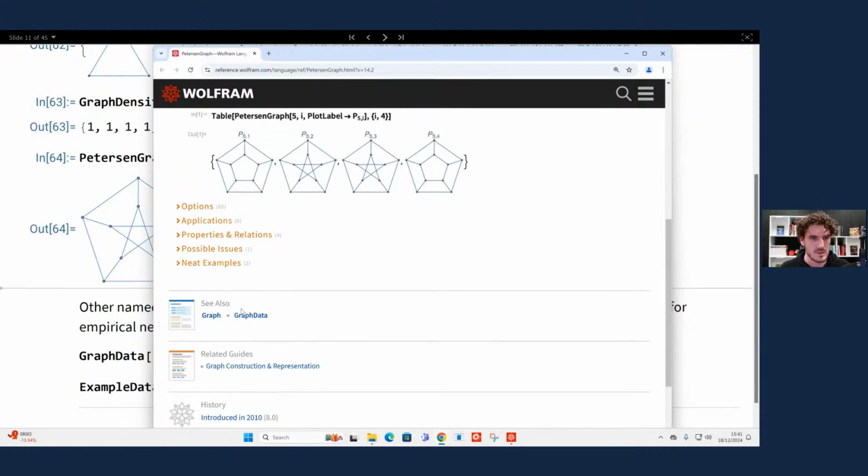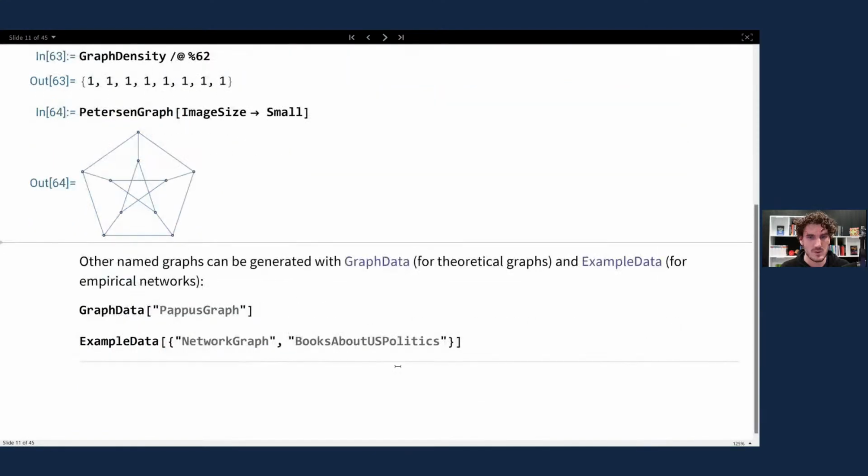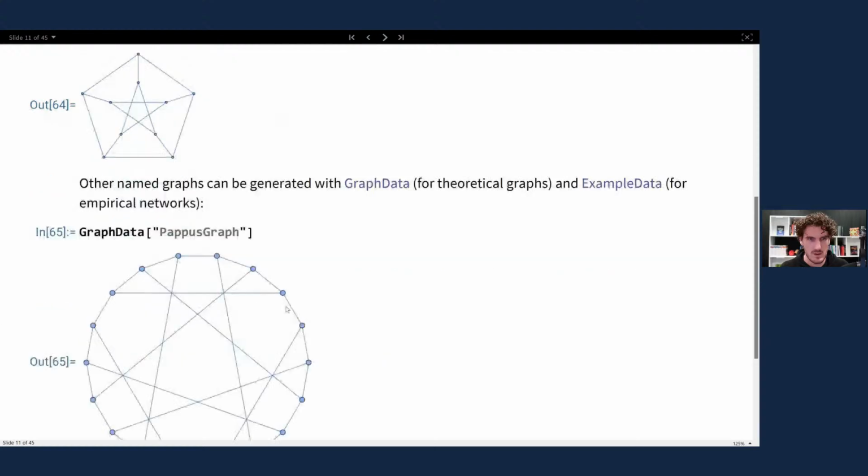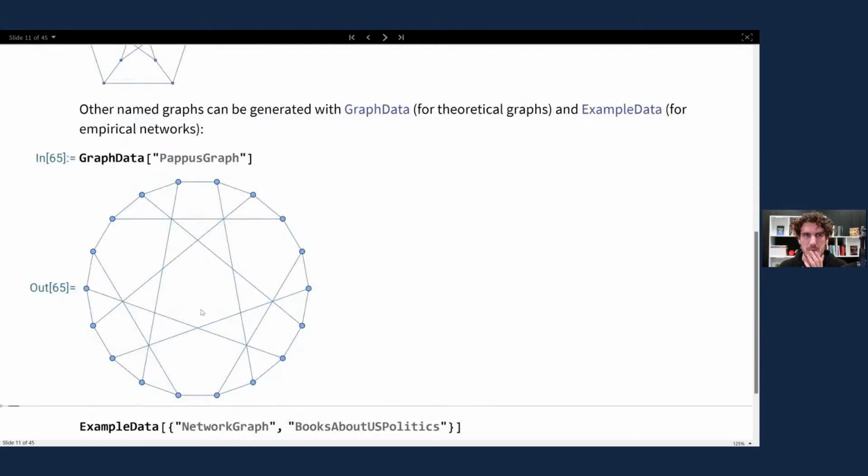I'm sure there's lots of functions like this. But then we also have graph data. Graph data calls on theoretical graphs that don't necessarily have their own function.